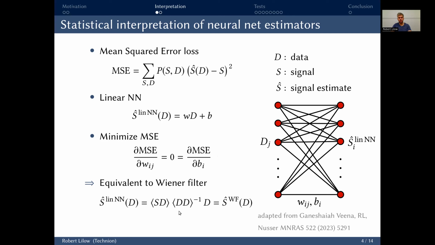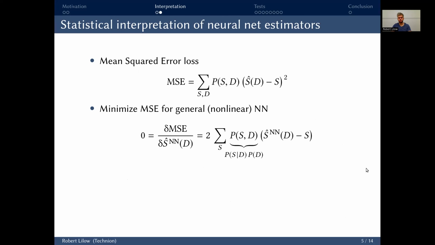What you will find is this combination of signal and data covariance matrices, which many people recognize as the familiar Wiener-filter, which is a very widely used and robust linear filter. And this makes sense because the Wiener-filter is the linear filter that minimizes the variance between signal and reconstruction, which is just the MSE. Okay, good. So the backbone of any neural network is essentially equivalent to a Wiener-filter.